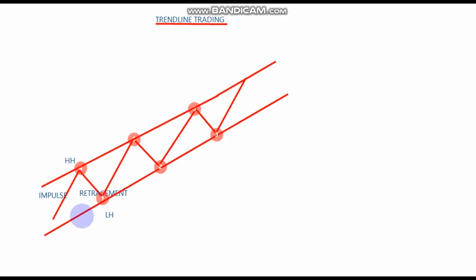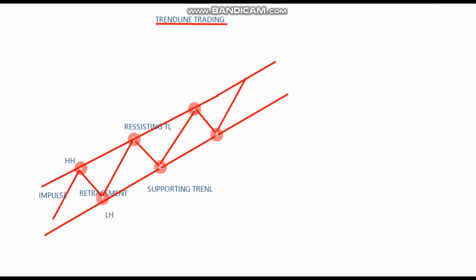This line that passes below like this, we call a supporting trend line. And this other one above, we call a resistive, or you can say resisting, trend line.